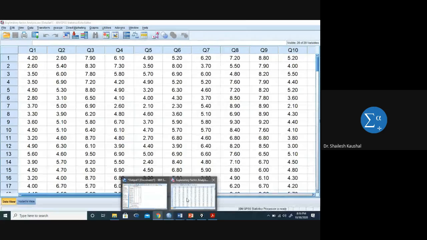In cluster analysis, the basic purpose is that we club the same nature of people into one group, and another same nature of people into another group. So the purpose of cluster analysis is segmentation: heterogeneous types of people are there, and we want to club the same nature of people and put them into one group or one cluster, as we may say segment 1, segment 2, segment 3.